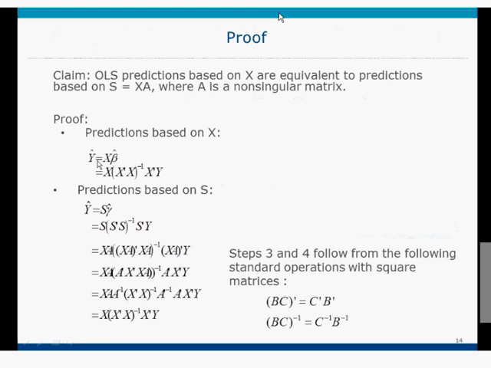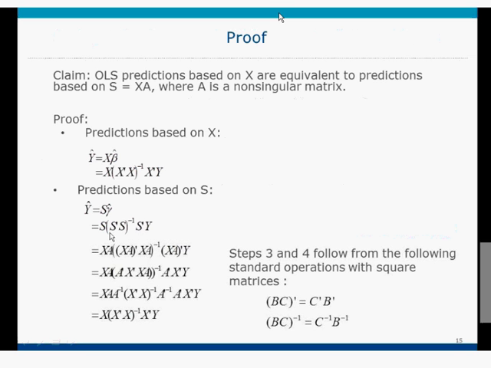Okay, so for least squares regression, we have y hat equal to x times beta hat. This is the least squares coefficient, which is (x prime x) inverse, x prime y. Now instead of that, we have the components. So we have s times gamma hat, where gamma hat are the regression coefficients for the components. That's (s prime s) inverse, s prime y.